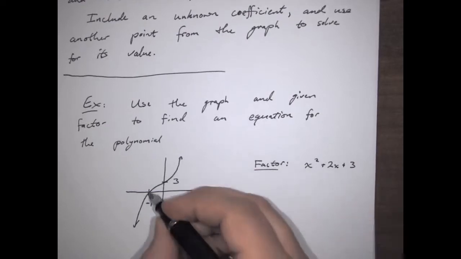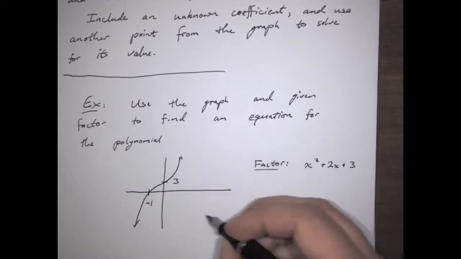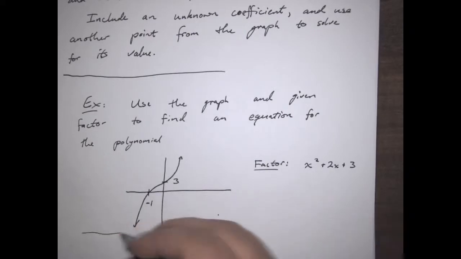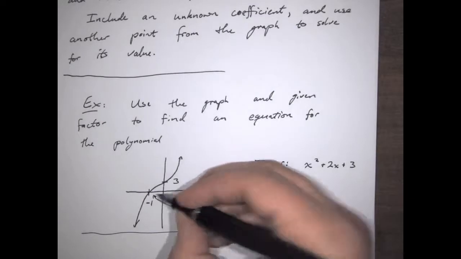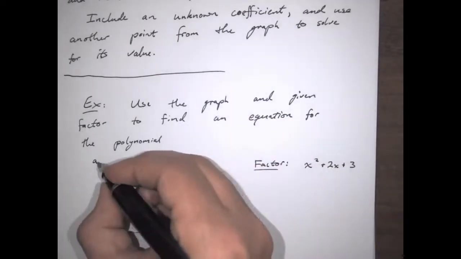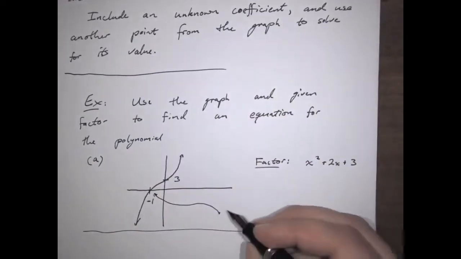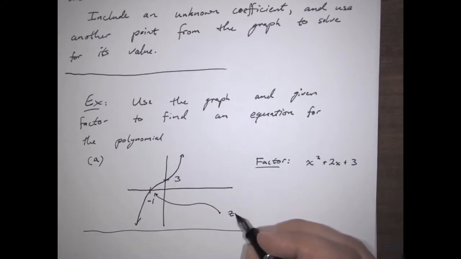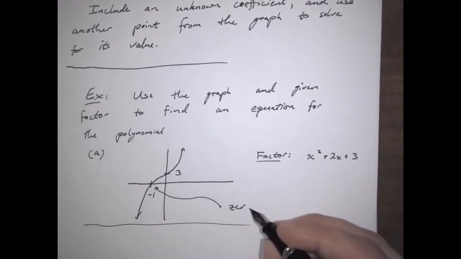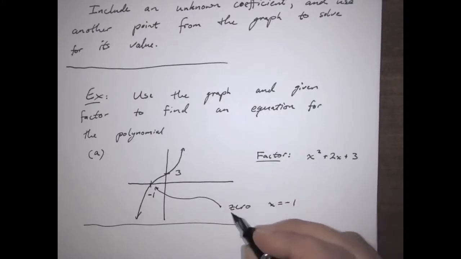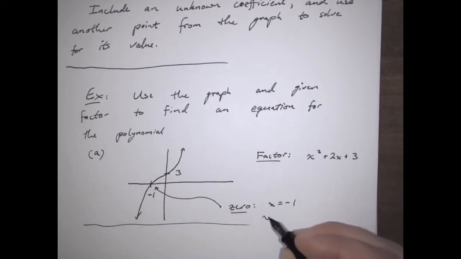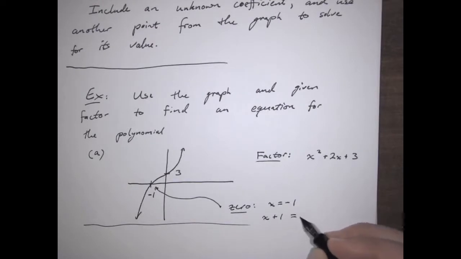So first off, based on this 0 right here, I call this example A by the way, we can already tell that the 0 of x equals -1 would imply a factor of x plus 1 equals 0.